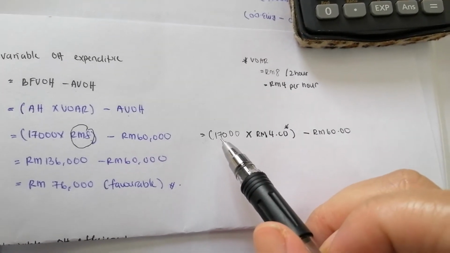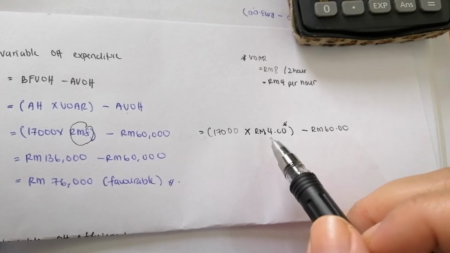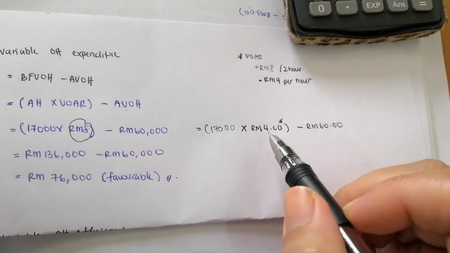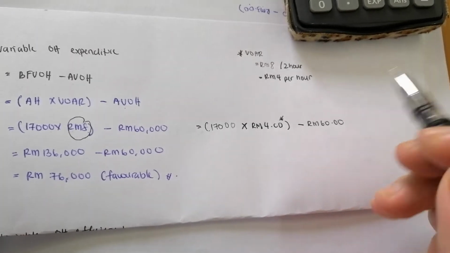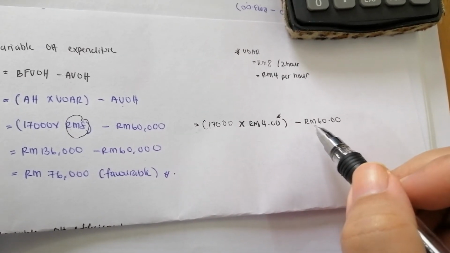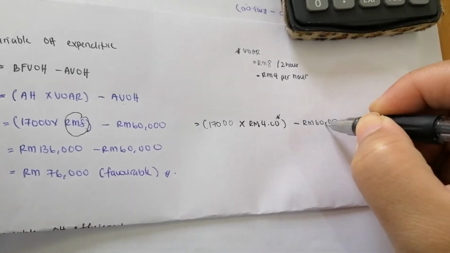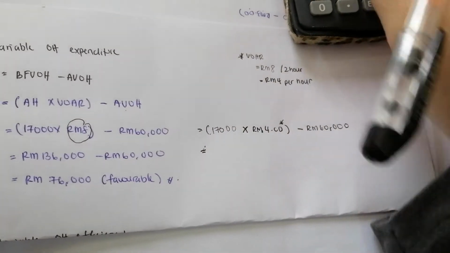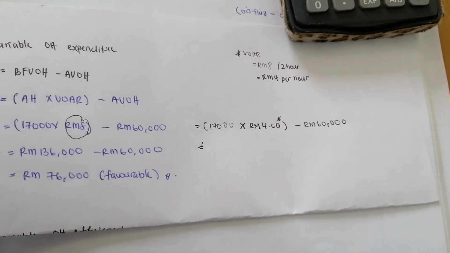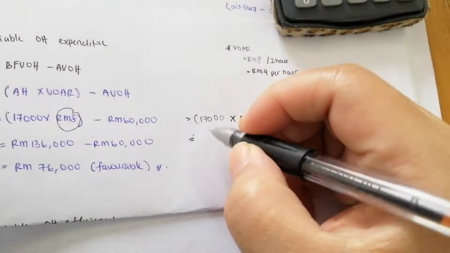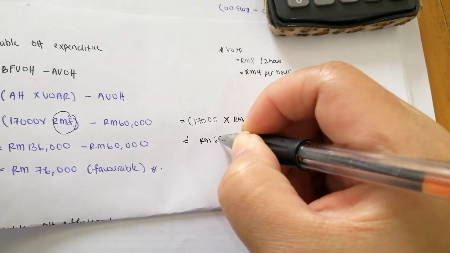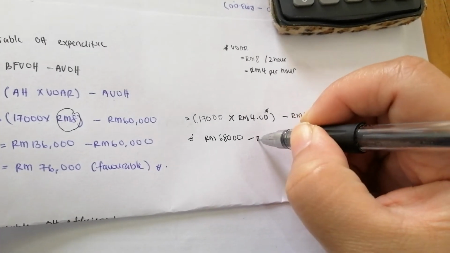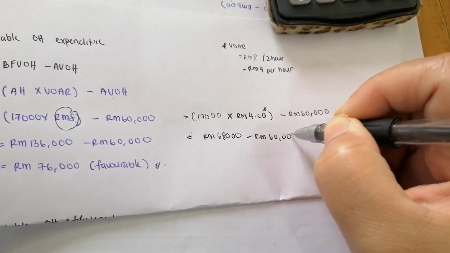So the actual hours is 17 hours, multiplied by the standard rate for variable overhead of 4 ringgit per hour, and then you minus the actual overhead incurred. So 17 multiplied by 4 ringgit, you will get RM 68,000, minus RM 60,000.